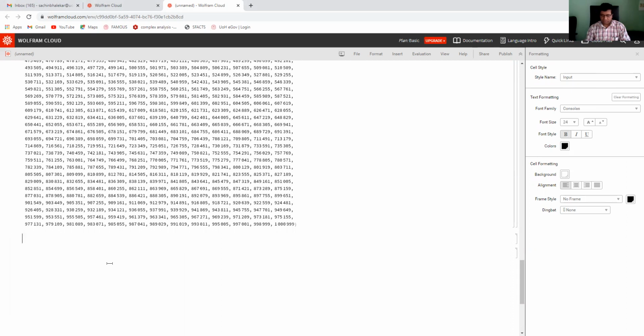Let us form a two-dimensional list using the table command, and then we consider matrix operations also. Say now we need a two-dimensional list, so we use two variables. Say i squared minus j plus 1, for example.